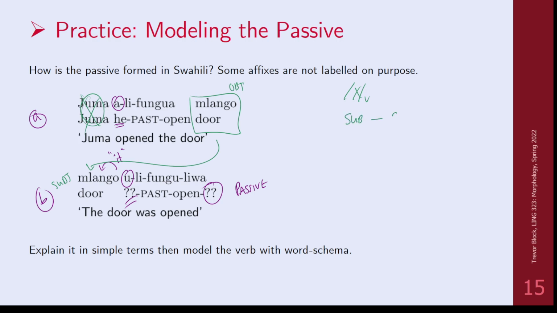So we have a subject and an object that we needed. Juma opened the door, agent and theme. So there's the active. For the passive, we're attaching liwa to the end of our verb to form the passive form. The new subject is the old theme, and we don't even have anything there.